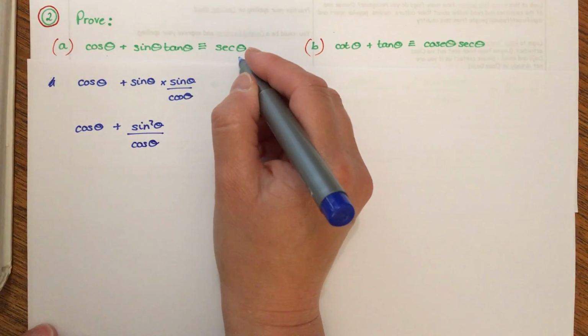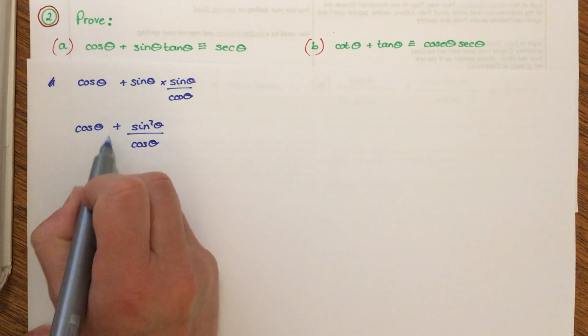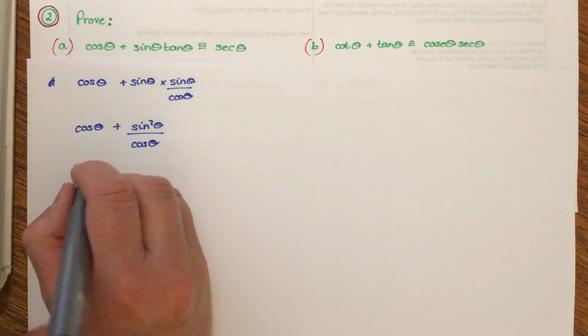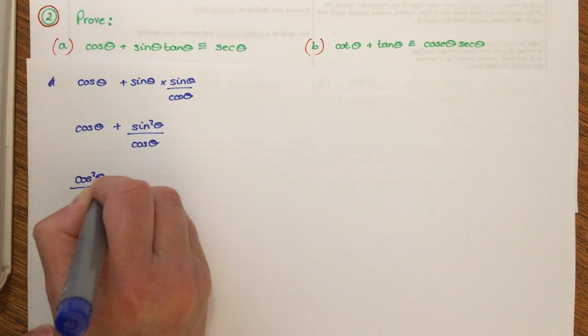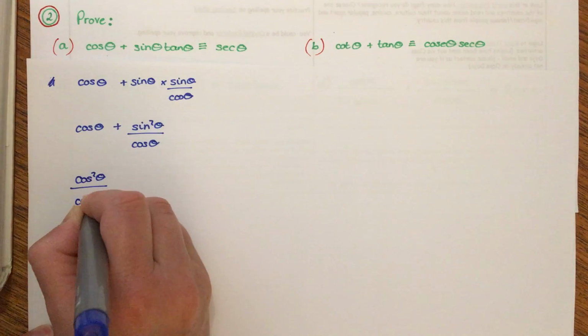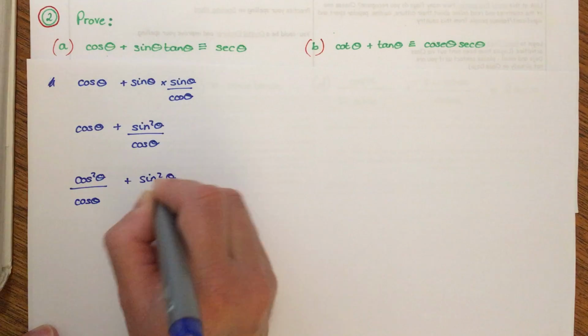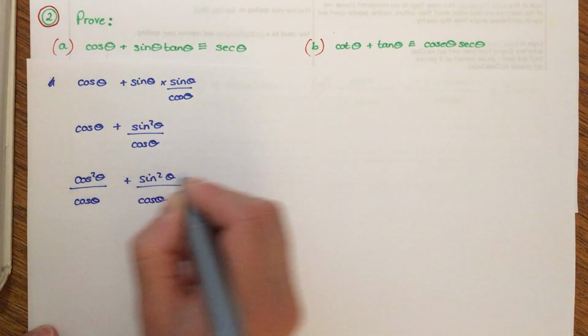It's still not looking much like sec, so I'm going to put these over a common denominator. So if I times this side by cos theta over cos theta, it's going to give me cos squared theta over cos theta plus sine squared theta over cos theta. Because these have a common denominator, I can add them.